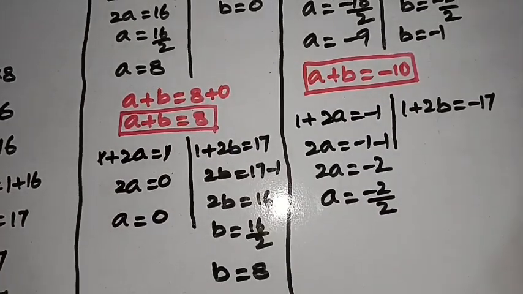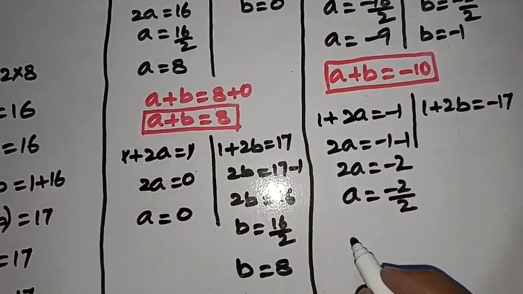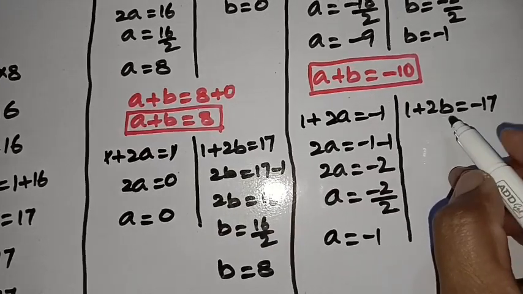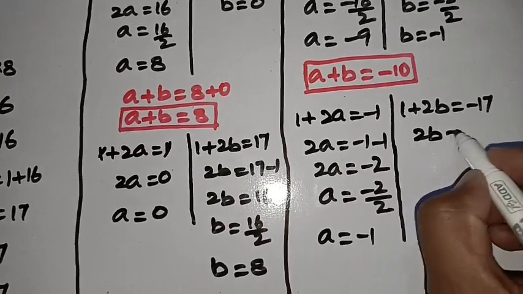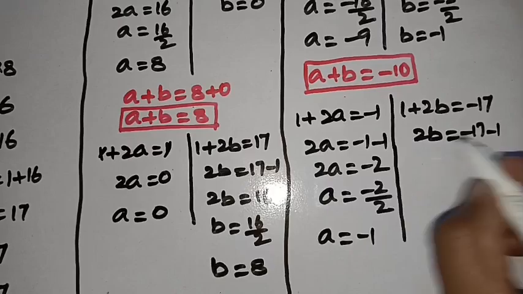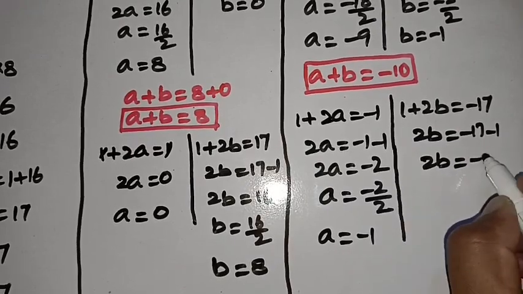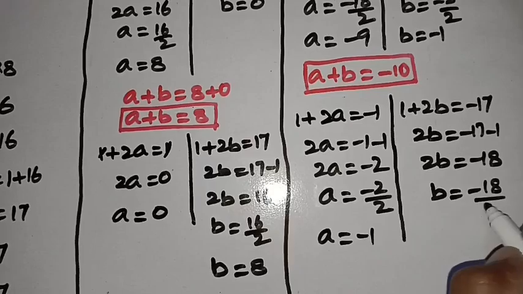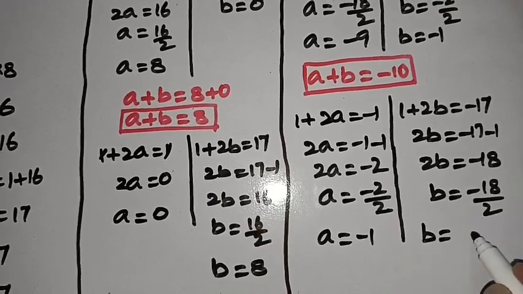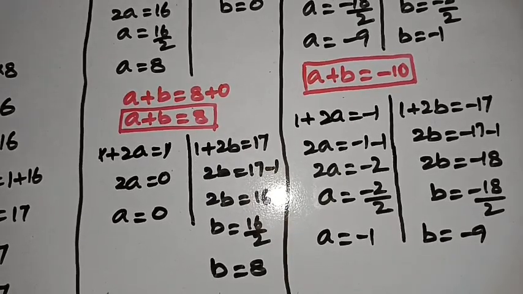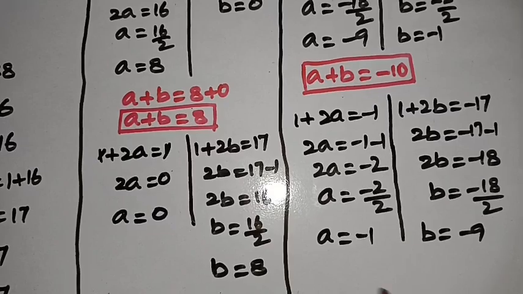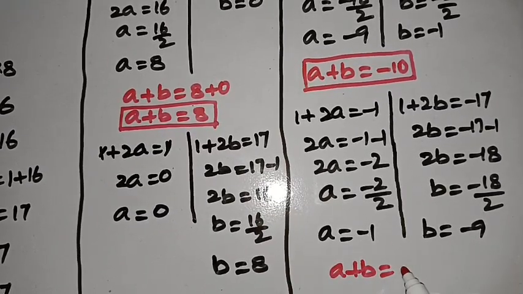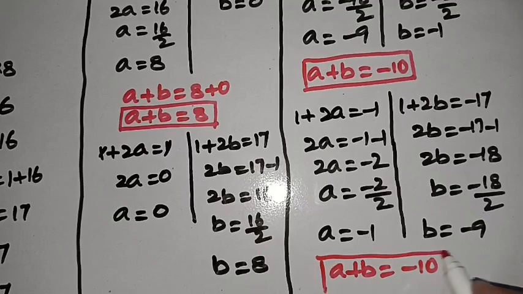So then a = -1. And this one 2b = -17 - 1. 2b = -18 and b = -18 by 2. So b = -9. And in this case also we have a + b = -1 - 9, which is -10.